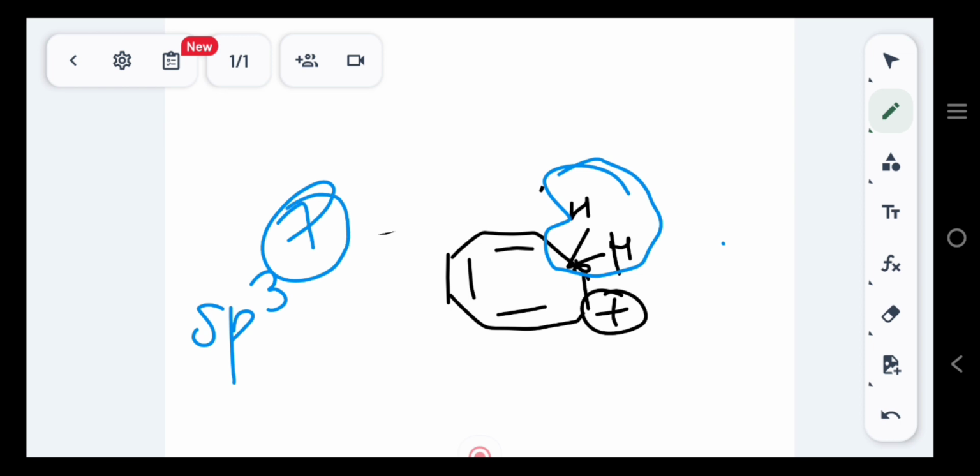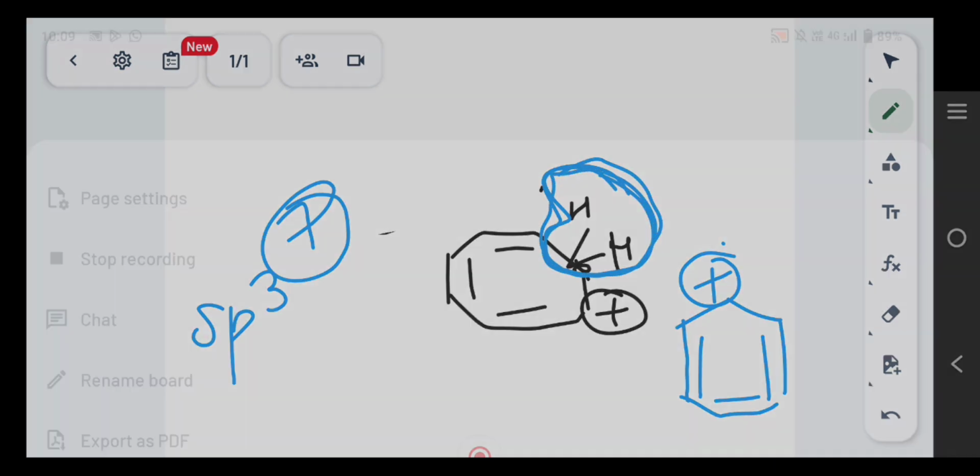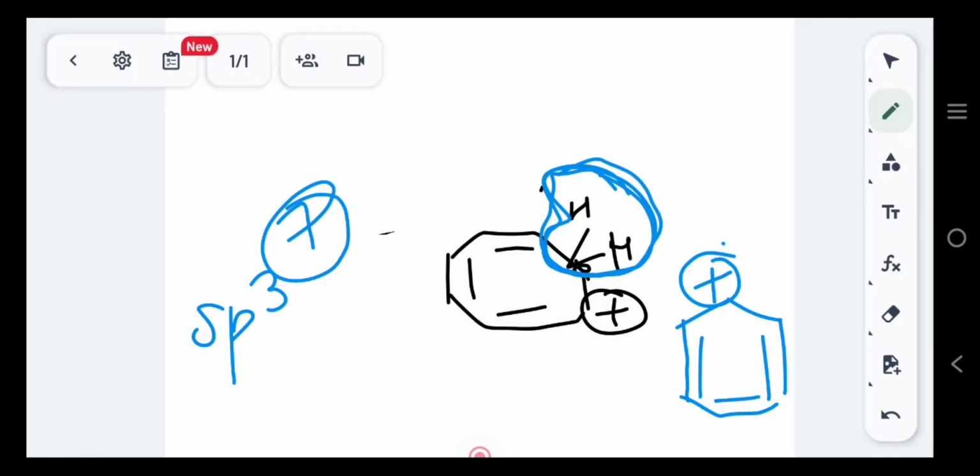It is nothing but a tropylium carbocation, right? If you remove this sp3 hybridized carbon atom, the remaining portion will be this tropylium cation. This tropylium cation is already aromatic in nature.